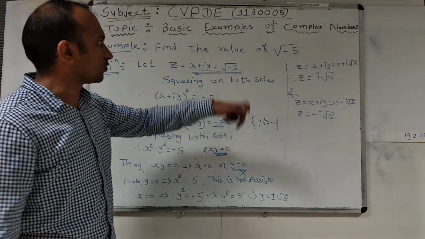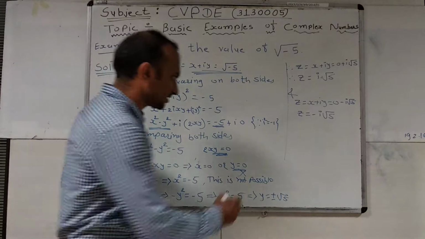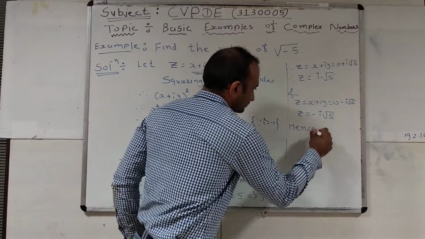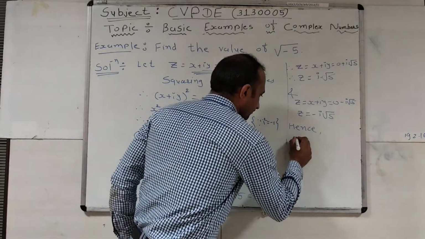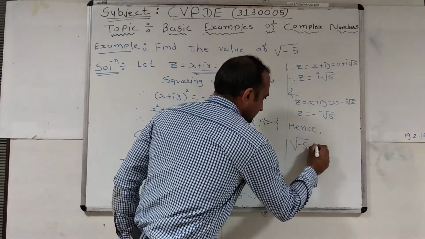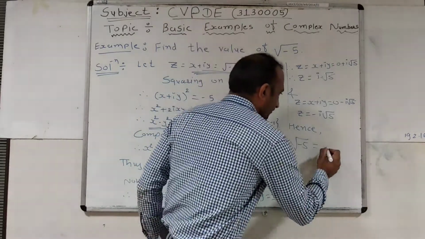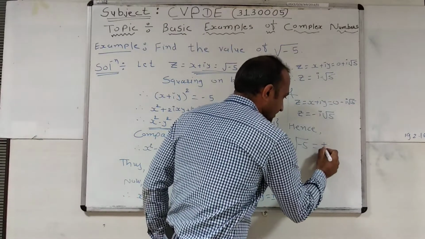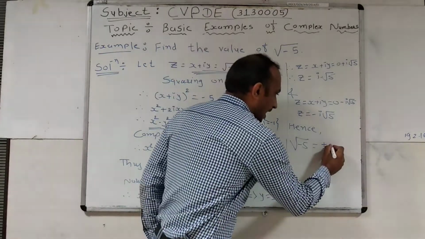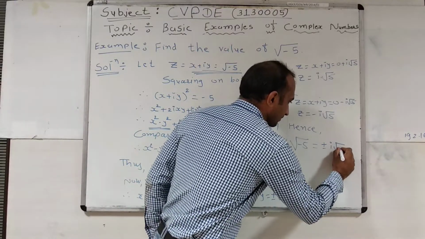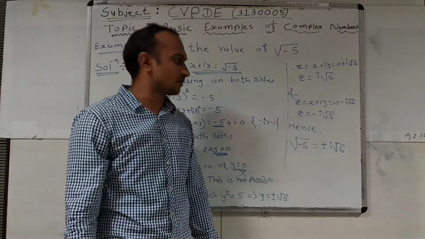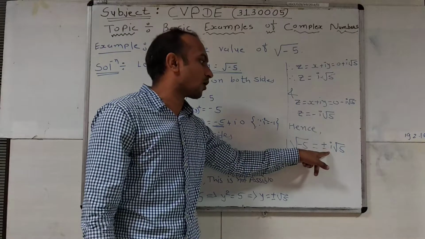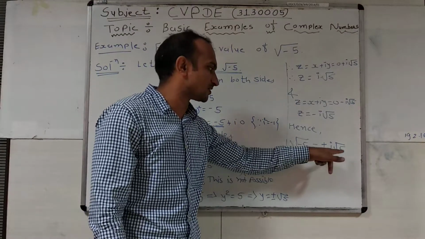Okay, so there are two values of z, hence the square root of minus 5 gives number one plus i root 5, second minus i root 5. So we combine this and write plus or minus i root 5. This answer in complex form is plus or minus i root 5.